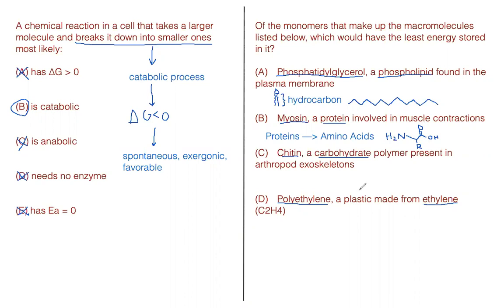We also have chitin, so a carb. Remember that carbs are made of sugars, or sorry, carbohydrate polymers. So chitin in general, so let's say carb polymers are made of sugar monomers, right? And sugar monomers, these are carbohydrates, meaning the carbons are hydrated. And so typically you have a glucose molecule or some kind of molecule that looks like this, where we have a ring that looks like that, and it's 6 carbons long.